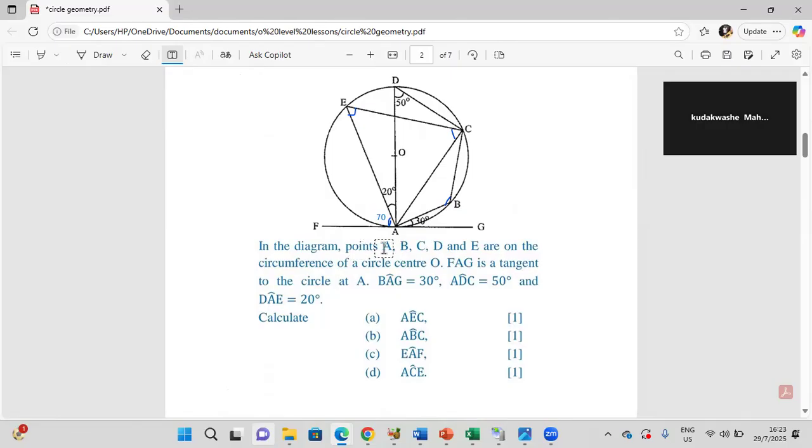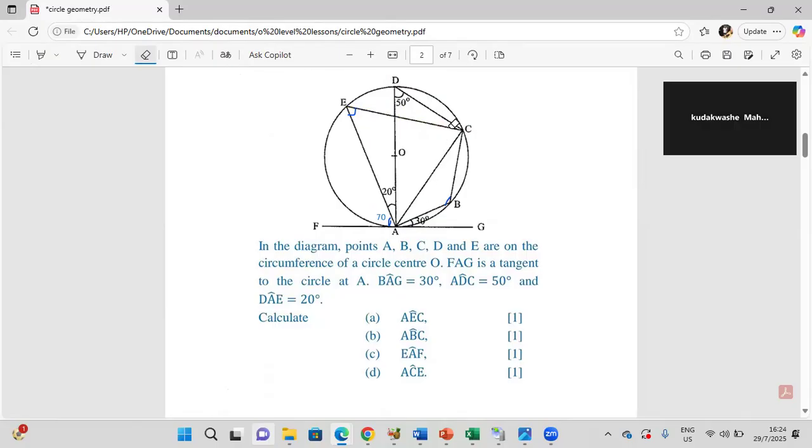Then from there, what else am I noticing? Let's look at this triangle here. Let's use the terms: the triangle AEC. For the triangle AEC and the triangle ABC, they are all sharing this chord AC.